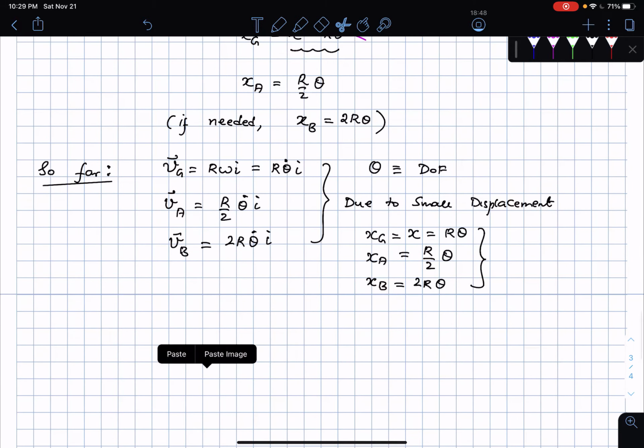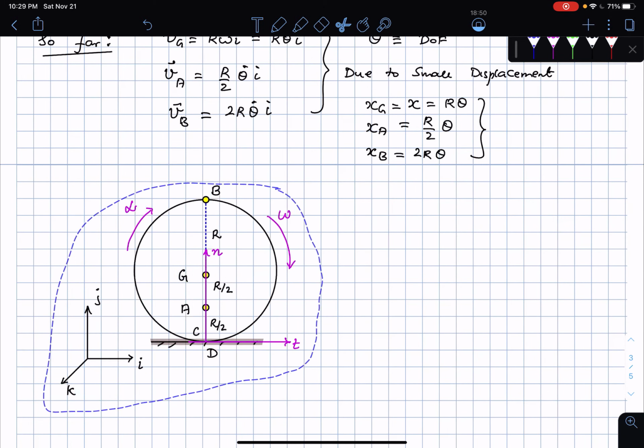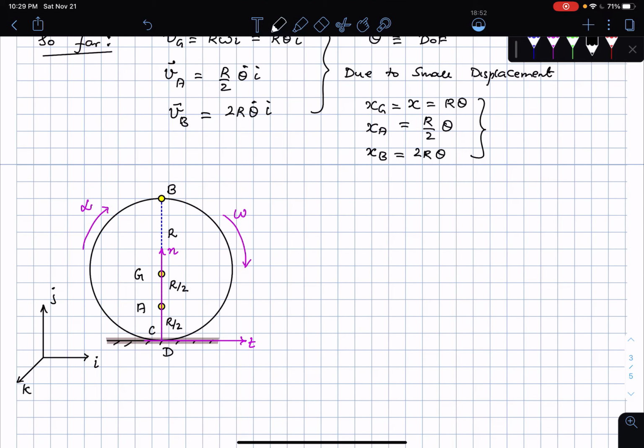I think I have my figure from before still around. Okay, beautiful. I can write the acceleration of the center of mass, so I can say that ag is going to be acceleration of c, alpha of the disk crossed with r g slash c, minus omega square of the disk times r g slash c, plus those relative terms which vanish because g and c are on the same body.